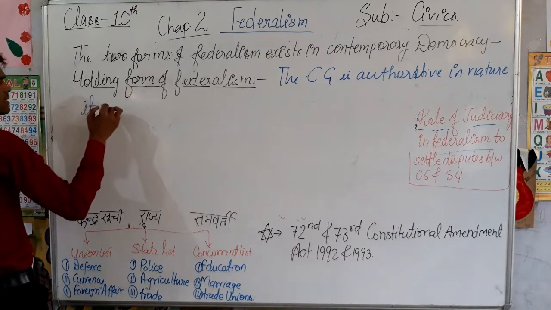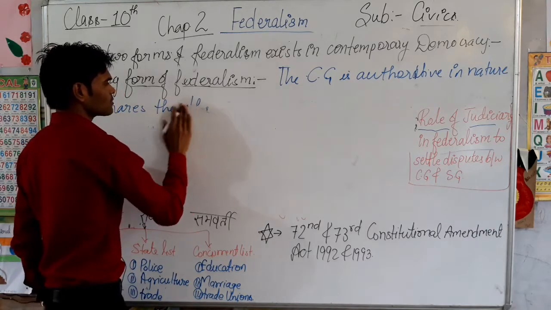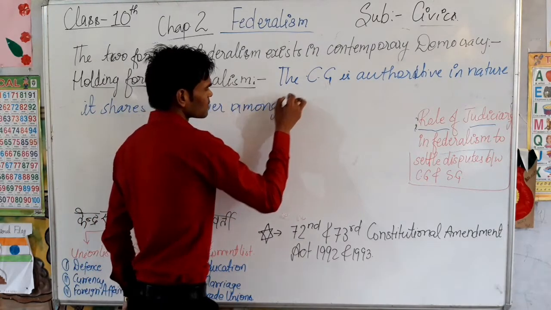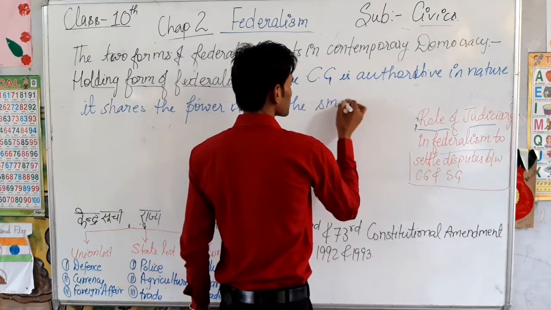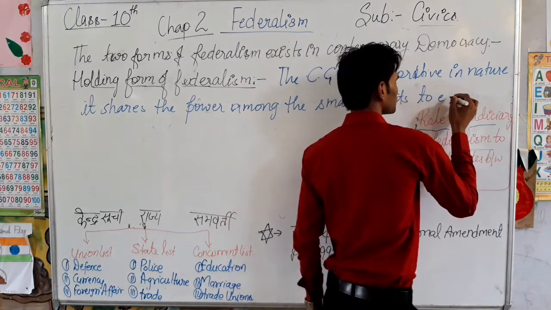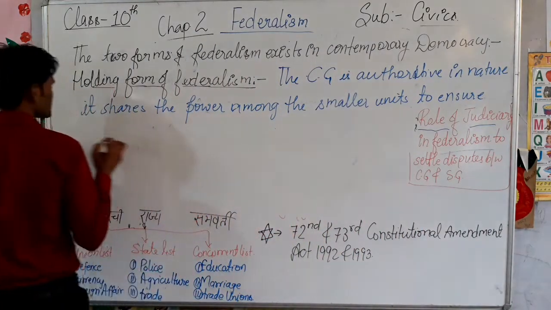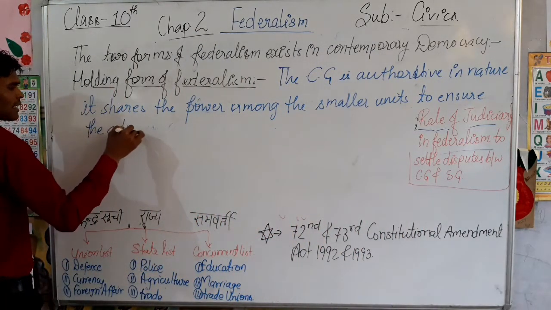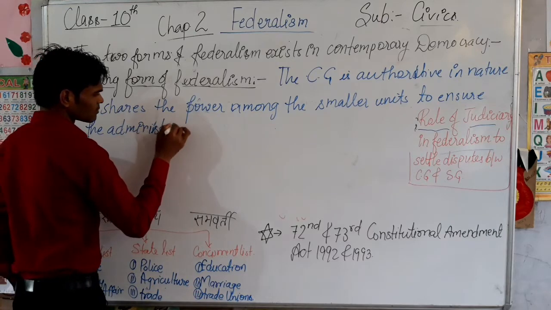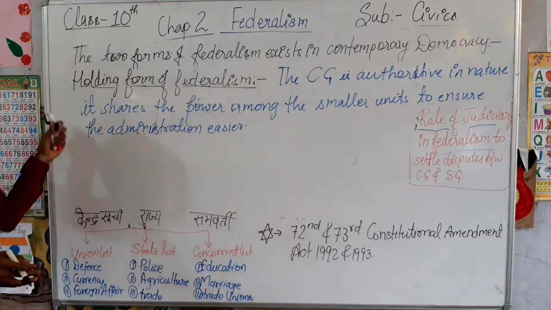It means central government shares the power among the smaller units to ensure the administration is easier. So what is the holding form of federalism?